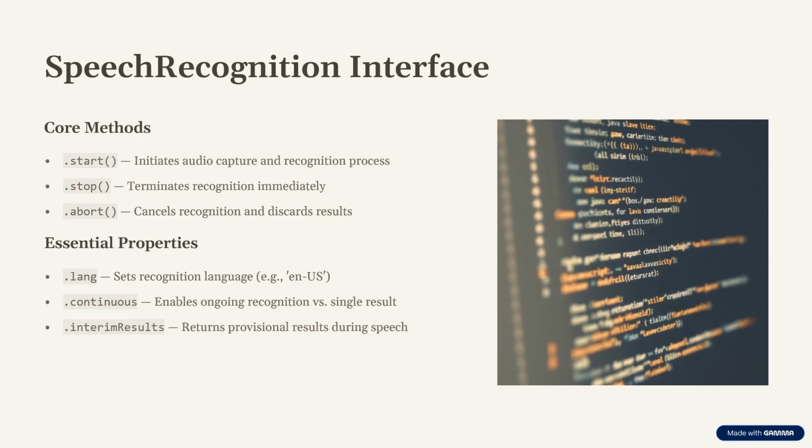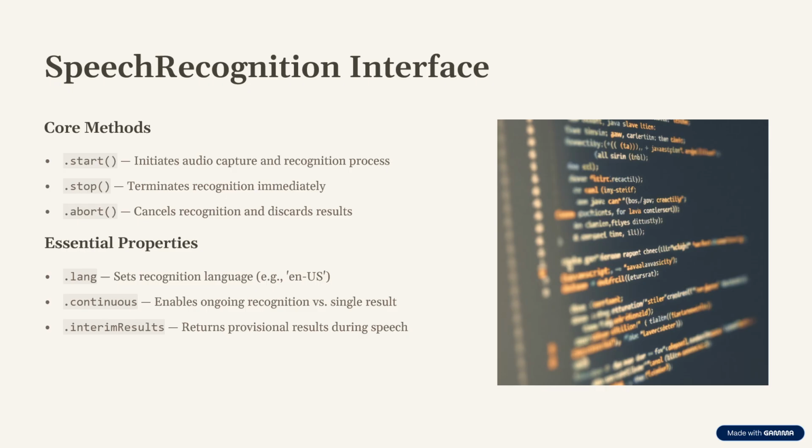After that, .stop terminates recognition immediately. Whenever you speak and you want to stop, we have a button that triggers the stop method and stops the recording. And we have .abort, which means cancel the recognition and also discard the result. Whatever you have spoken is completely discarded.